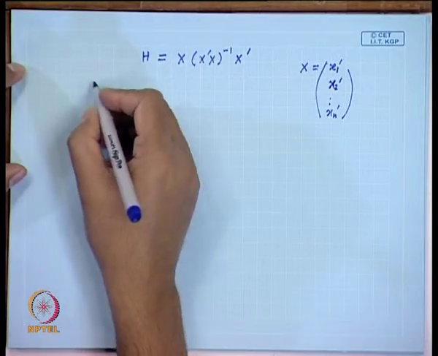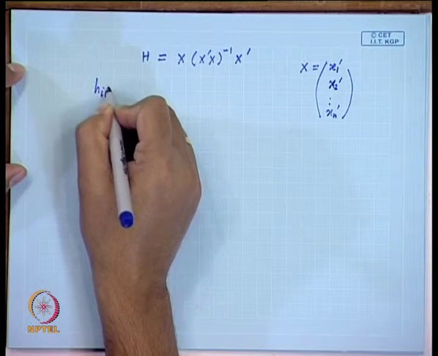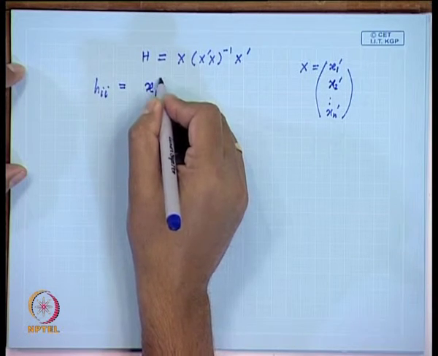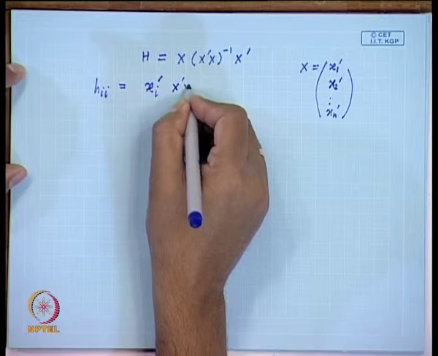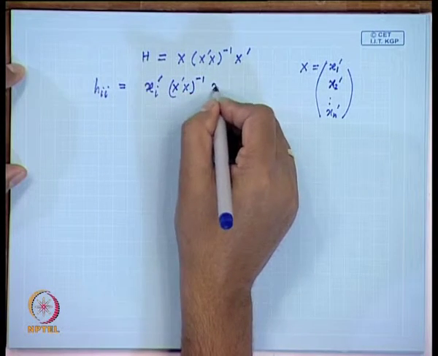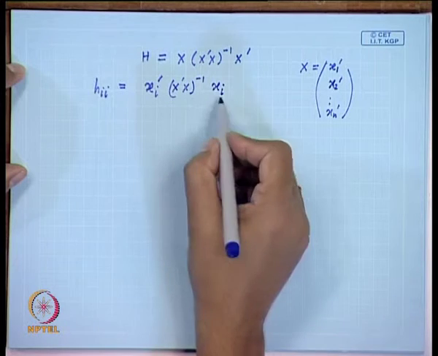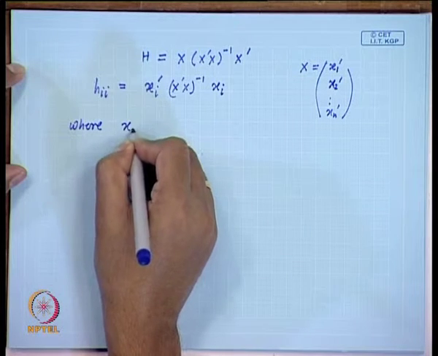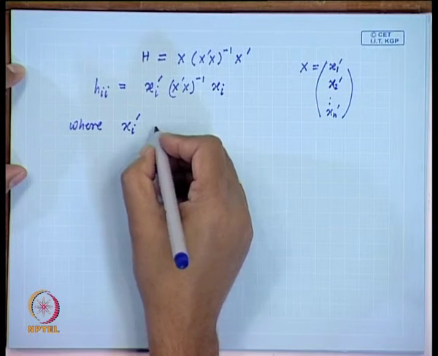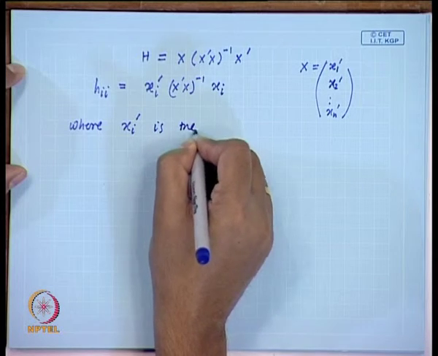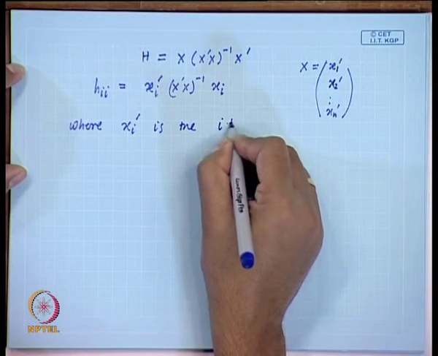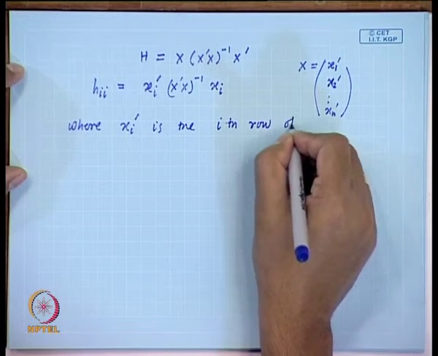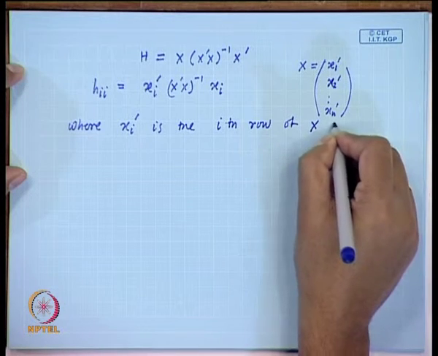So, I hope you understand that HII is then just xi prime (X prime X) inverse xi, where xi prime is the ith row of the X matrix.